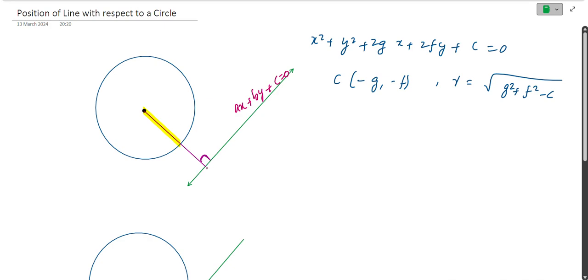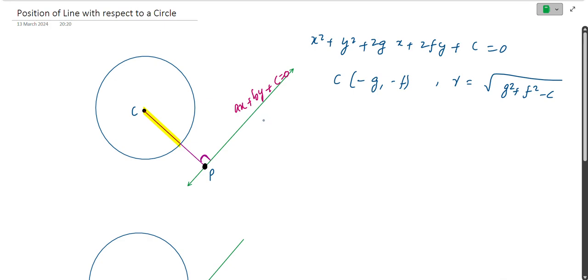The foot of perpendicular will be at this place. Let me denote the center as C and the foot of perpendicular as P. So the distance CP is nothing but the distance between the center and the given line.